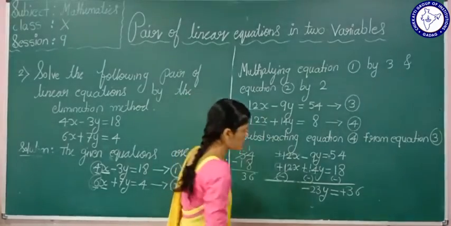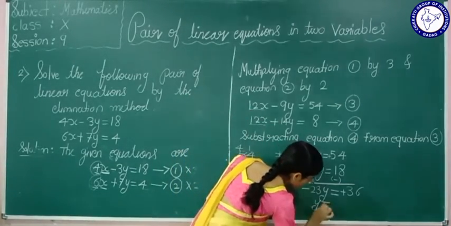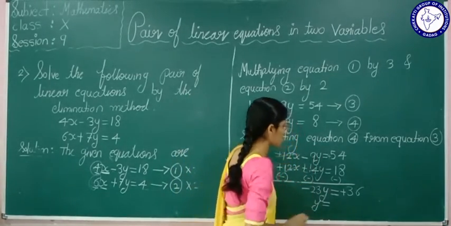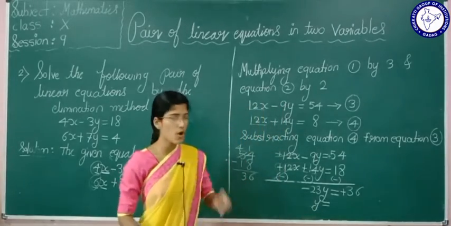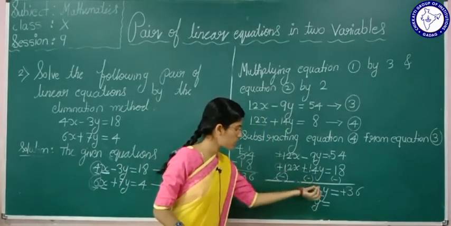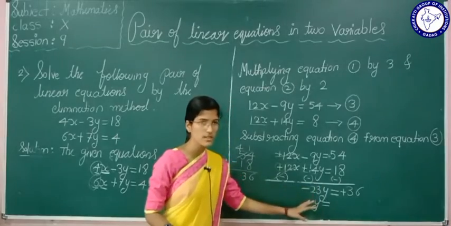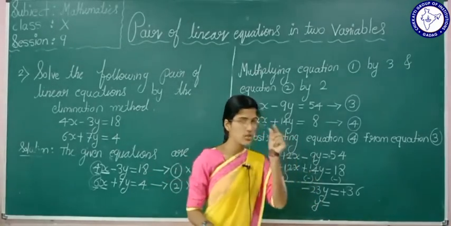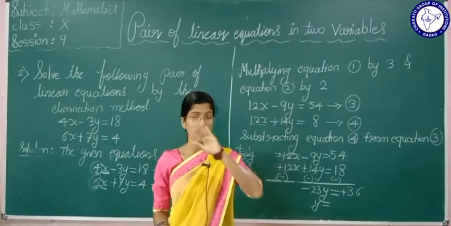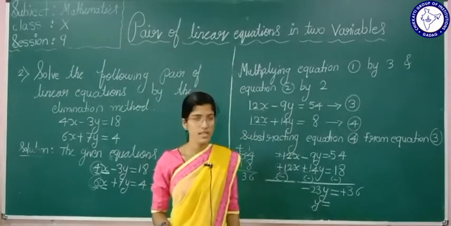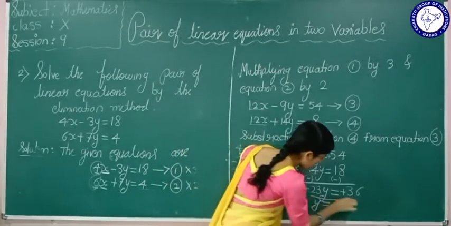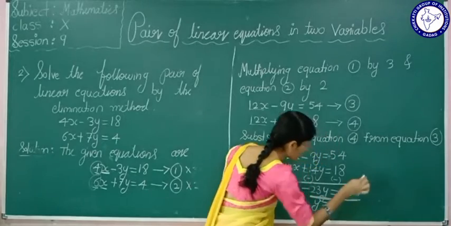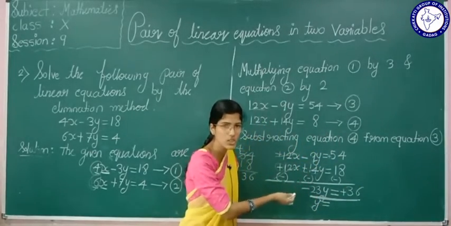Now see, students, in the first problem we got this 0, this also 0, right? We got 0 is equal to 9 in the first problem. That was not possible. Now see, here we have got a linear equation in one variable.